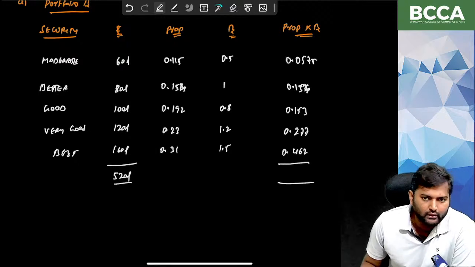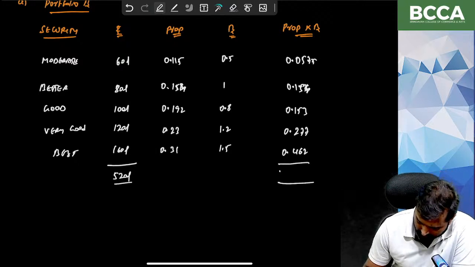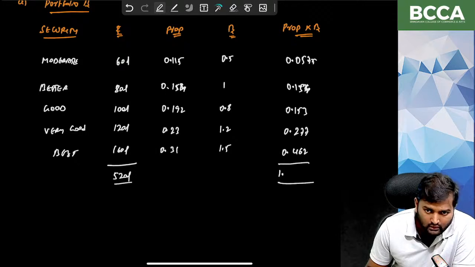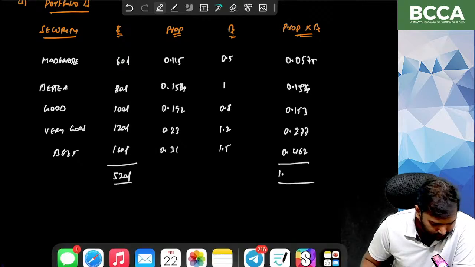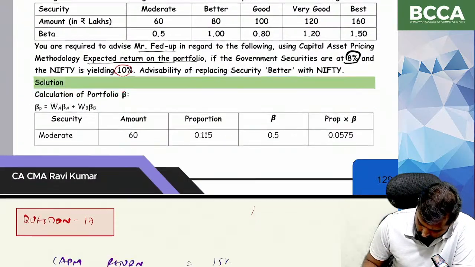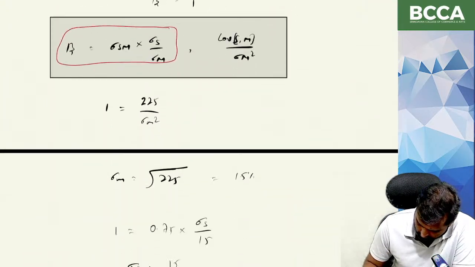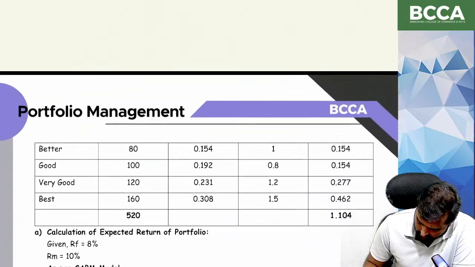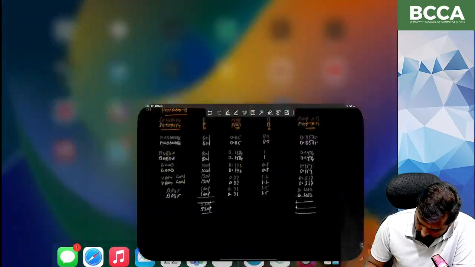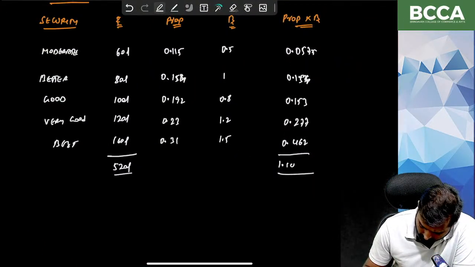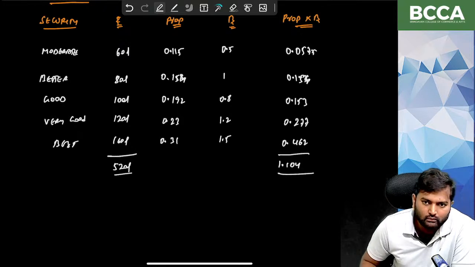So proportion into beta total is 1.104. These students are saying 1.0953, but it is 1.104. So this is the portfolio beta.